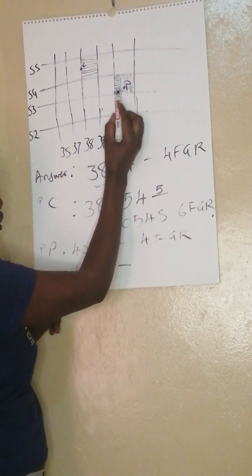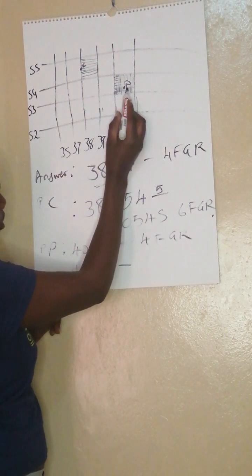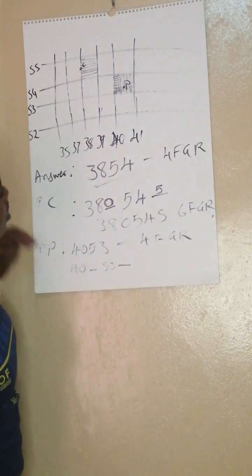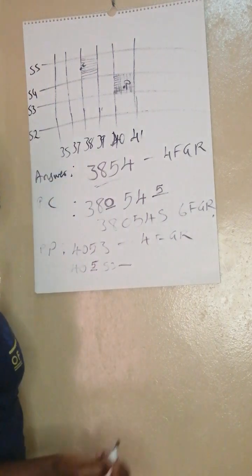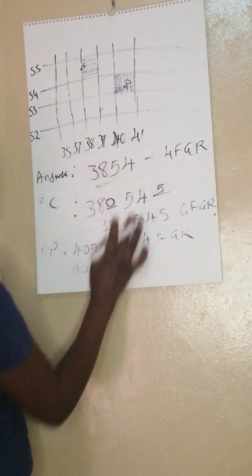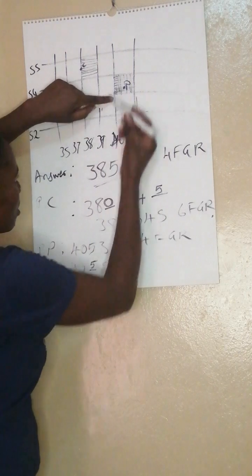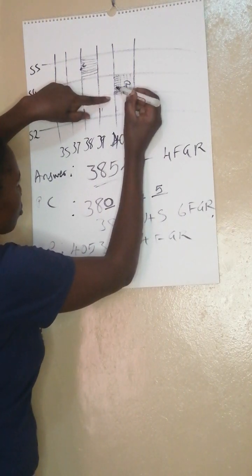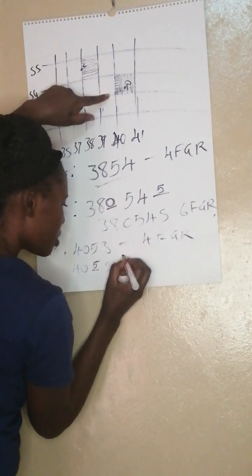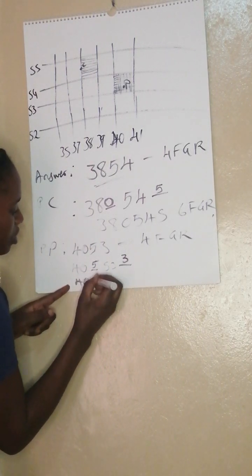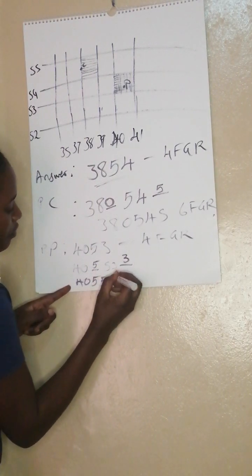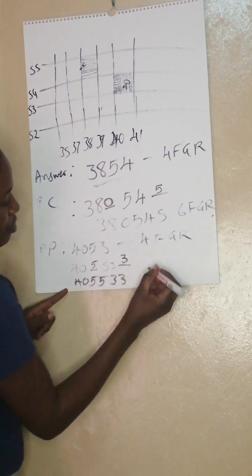After 40, I have 0.1, 0.2, 0.3, 0.4, 0.5. Everything is giving us 0.5. I don't know why. It's not always 0.5. Then we have 53, 0.1, 0.2, 0.3. So the 6-figure grid reference is 40, 5, 53, 3.